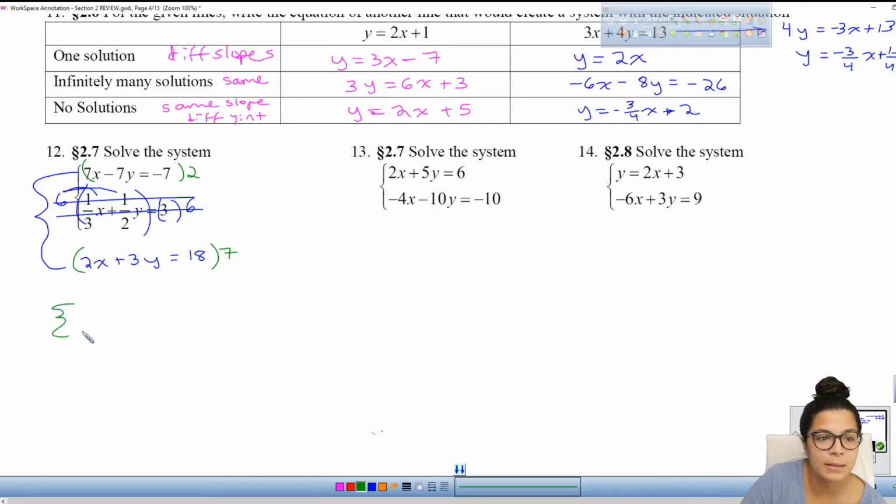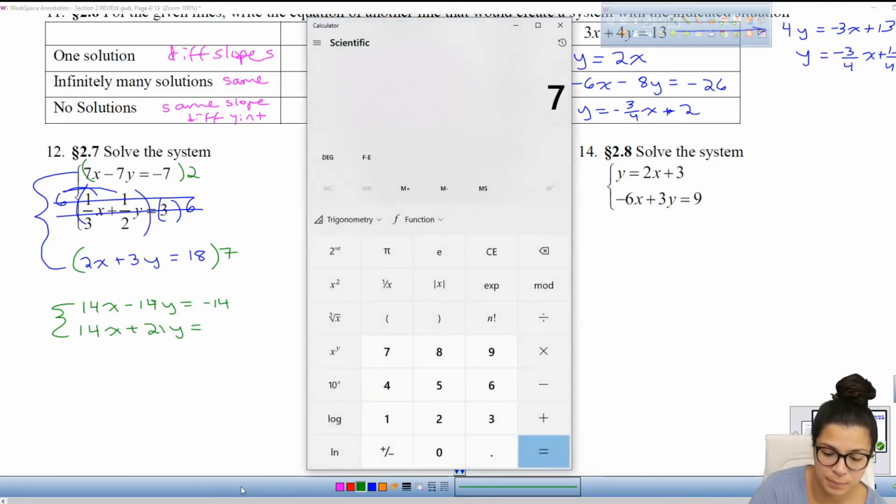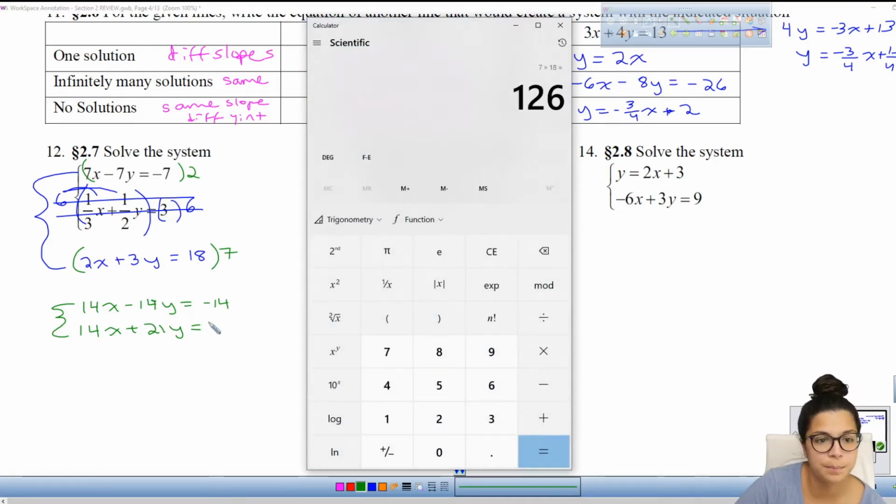So I'm going to rewrite that system right down here. On the top equation, you get 14x minus 14y equals negative 14. And then on the bottom equation, you get 14x plus 21y equals 7 times 18, which is 126.